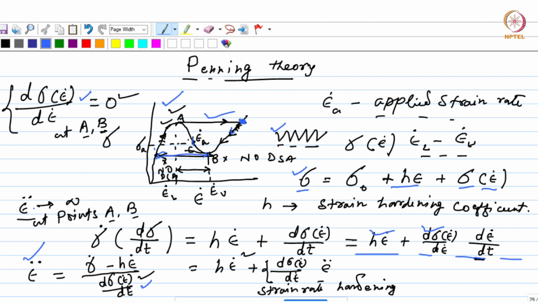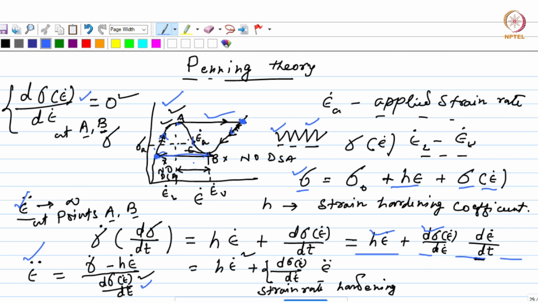Okay, and that's when it has to pass through point B, and as it comes to point B, epsilon double dot will again become infinity, and therefore there will be one more strain rate jump over here, coming to this particular point. But here the stress is lower compared to the stress corresponding to the applied strain rate, and therefore it will tend to rise following this path and again come back to point A, and the same thing will happen all over again, and this cycle will repeat, giving rise to this kind of serrations.